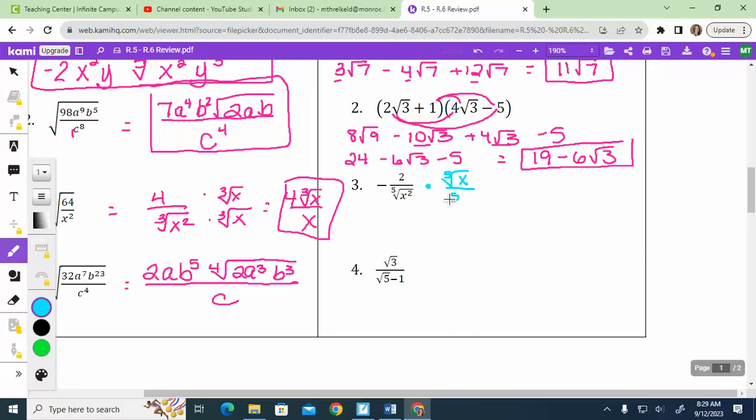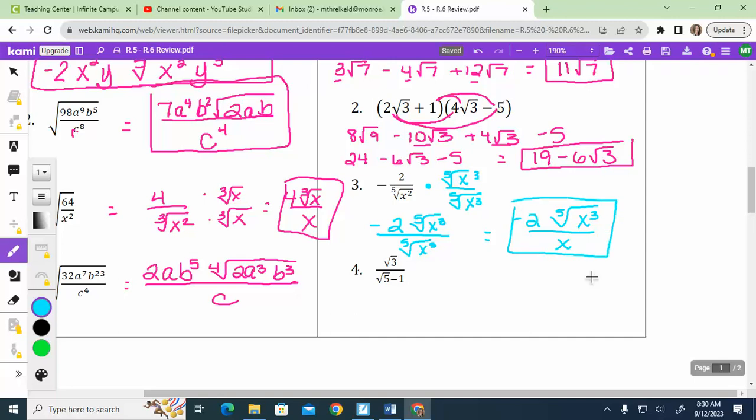We need 5 before we can pull them out, so we need 3 more. So that would give me a negative 2 fifth root of x cubed on top. On the bottom, you get the fifth root of x to the fifth, which is just 5, or sorry, x. So that's what we were working on yesterday with getting those radicals off the denominators.